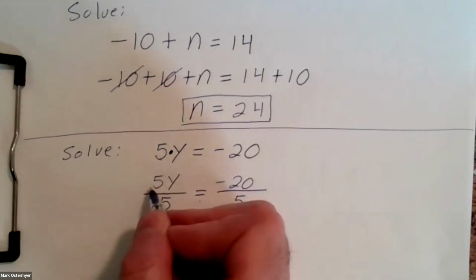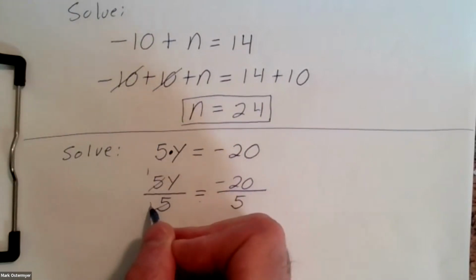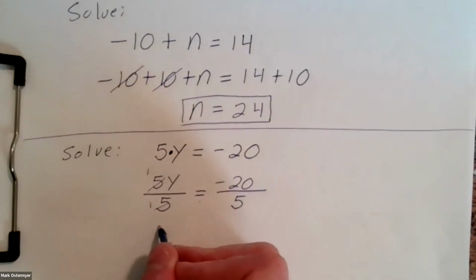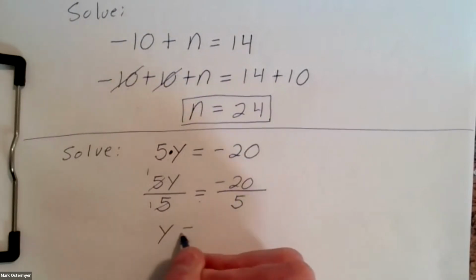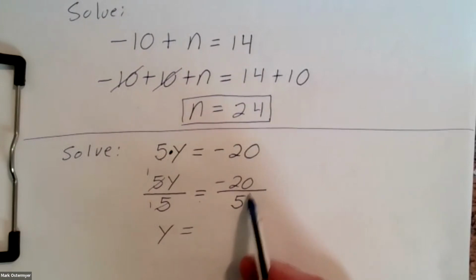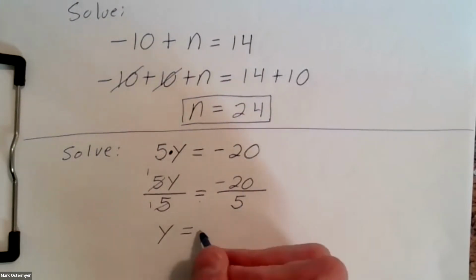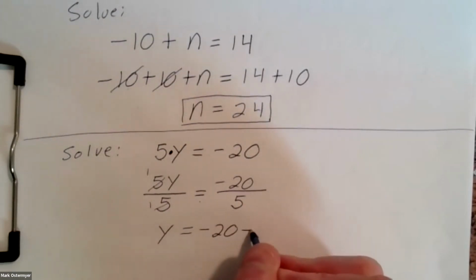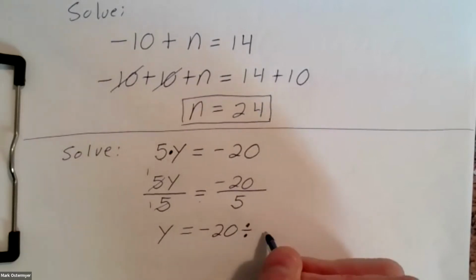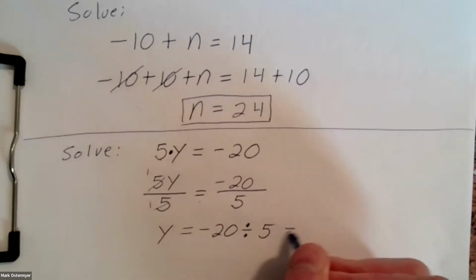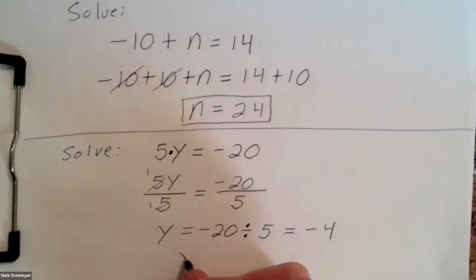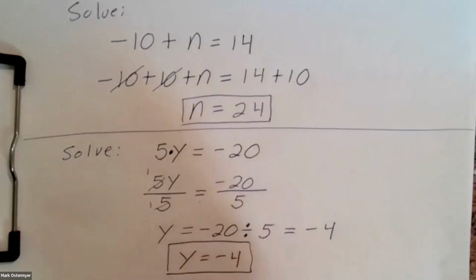Now these 5s on the left side of the equation reduce down to 1. And 1 times y is better known as just y. Now what's negative 20 divided by 5? Well, you can dial that up on your calculator. Negative 20 divided by 5, you'll discover you get negative 4. So y is equal to negative 4, and that would be our solution to our equation.